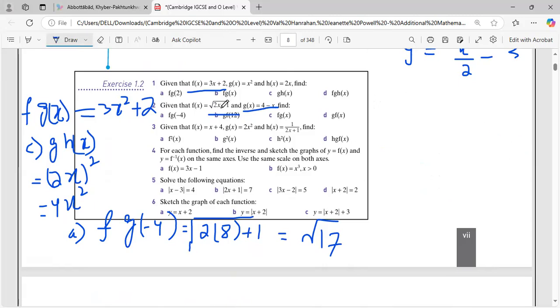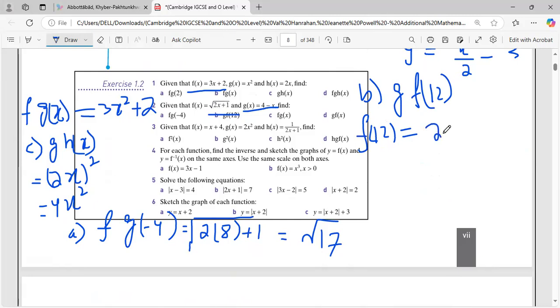Okay, so b bar is g of f of 12. So f of 12: the function is this, we put 12 in place of x.